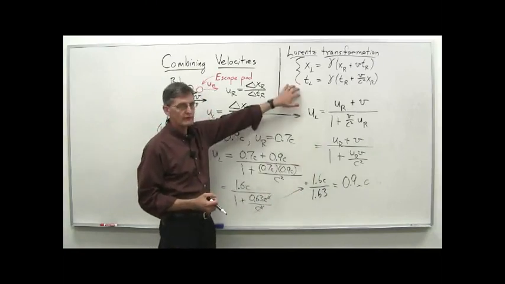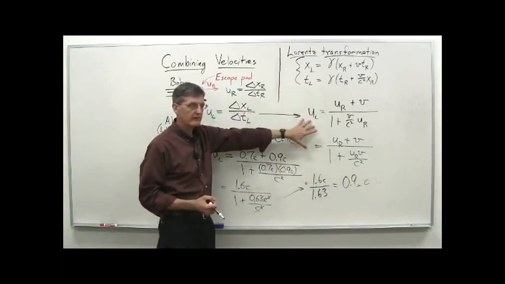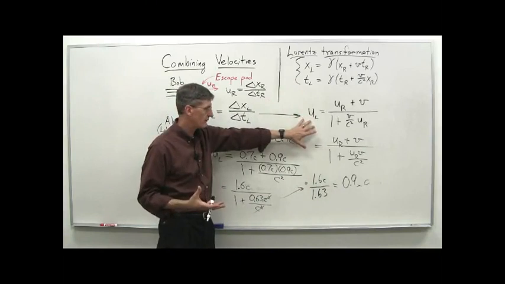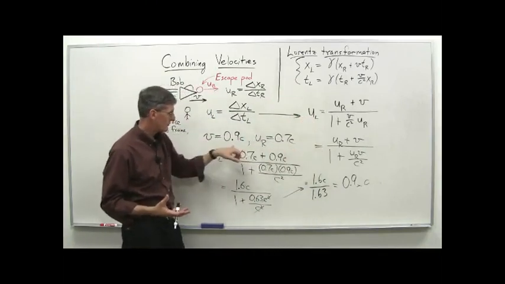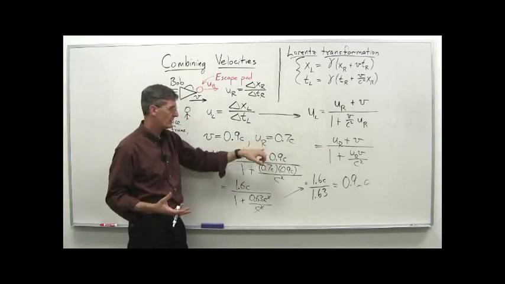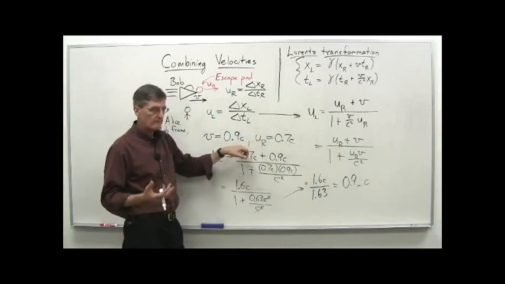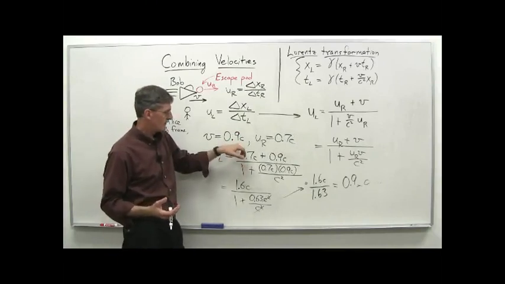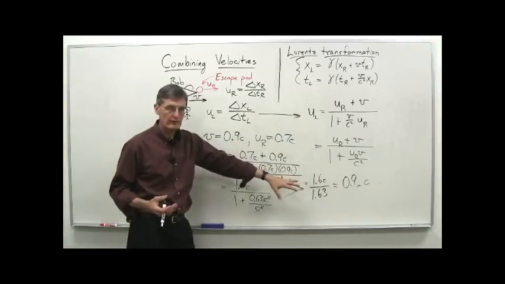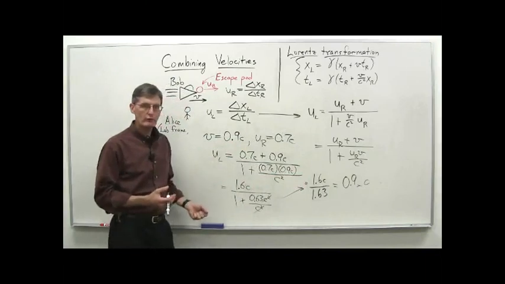Because of the Lorentz transformation, how that works, we put this together, found out the velocity in the lab frame. We get this equation here. This equation will always give us, no matter what these two values are, as long as they're less than the speed of light for objects that we're dealing with, a result that will always be less than the speed of light. It adds in sort of a weird way.